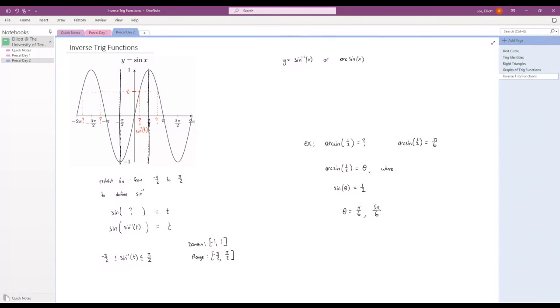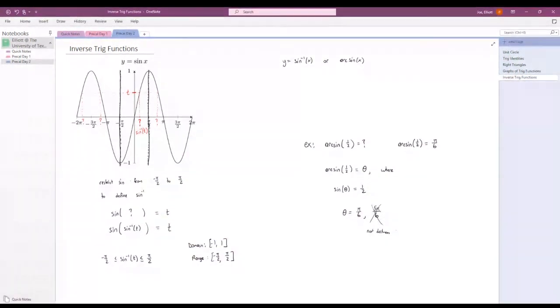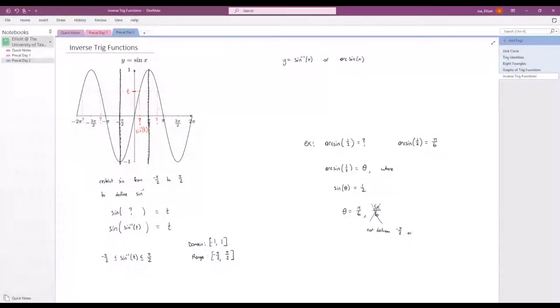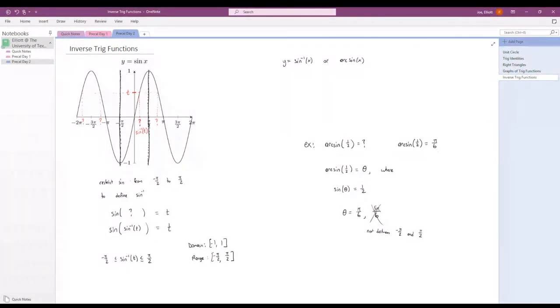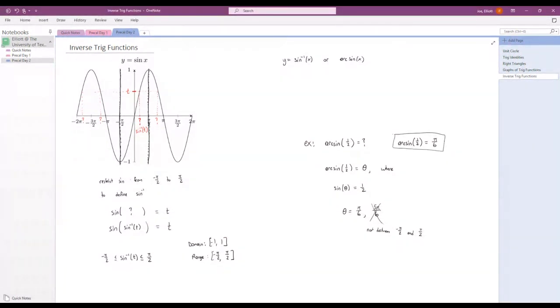When we were thinking about the inverse sine function, we were restricting our attention to angles between minus pi over 2 and pi over 2. So 5 pi over 6 is not in that interval, and that's why that one was no good. Because of that restriction, we narrow our attention to just pi over 6, and that would be the answer.